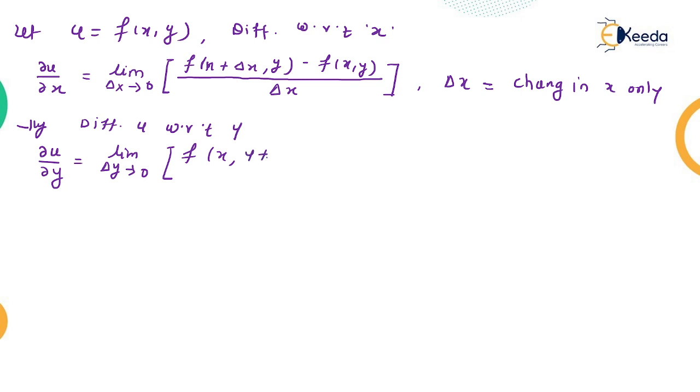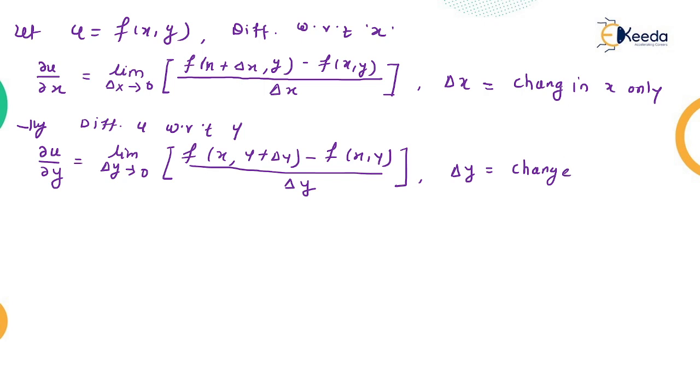This is f of x comma y plus del y minus f of x comma y, divided by the change in y, so del y is the change in y only, keeping the other variable constant. This means we differentiate with respect to y, keeping x constant. I hope you understand this definition of partial differentiation, right?